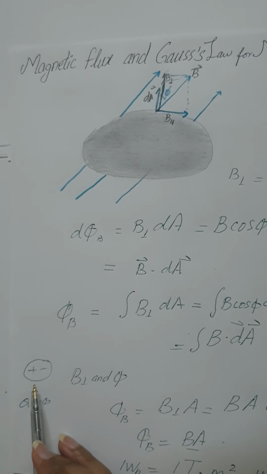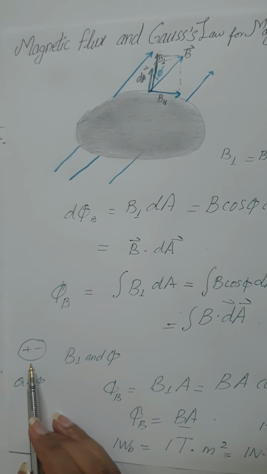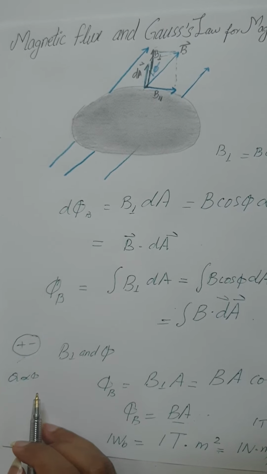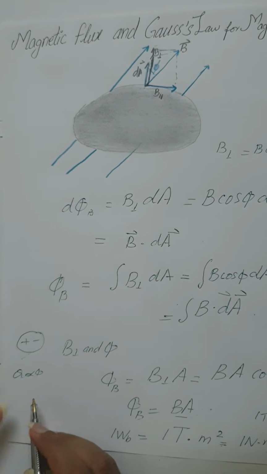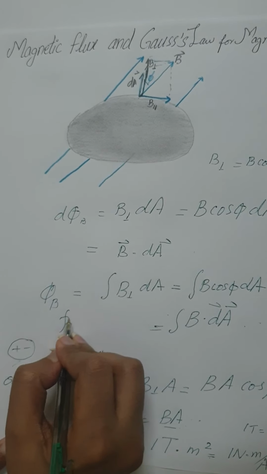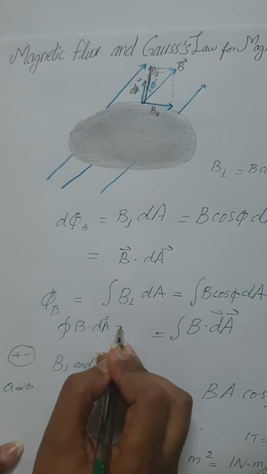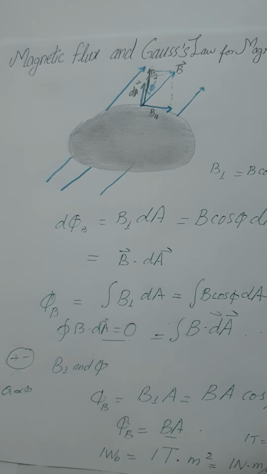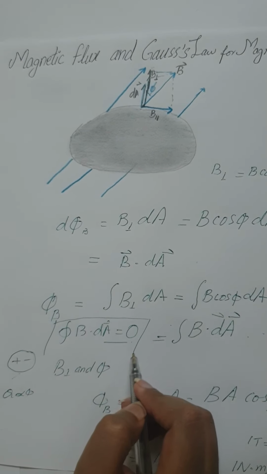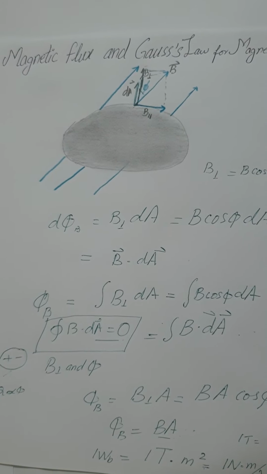And here we know that there is a dipole. So based on this analogy, we can say that the total magnetic flux through a closed surface is 0. The closed surface integral of B dot dA is 0. This equation is sometimes called Gauss's law for magnetism.